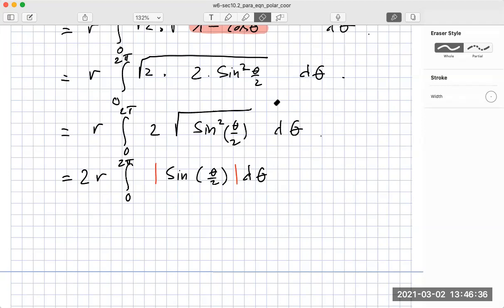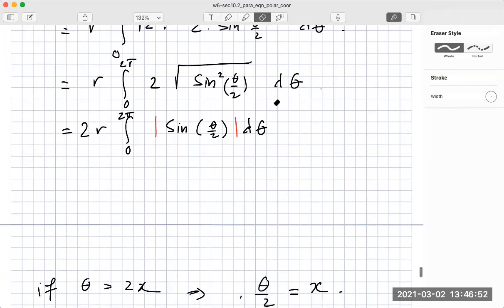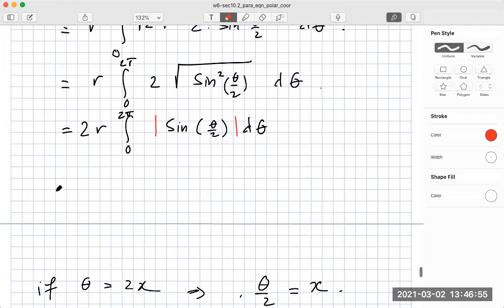Now, how can we get rid of the absolute sign here? Very good. Thank you, Walid. It's a great observation. Here, look at this. When theta is larger or equal to 0 and smaller than 2 pi, it means that theta over 2 will be larger than 0 and smaller than pi.